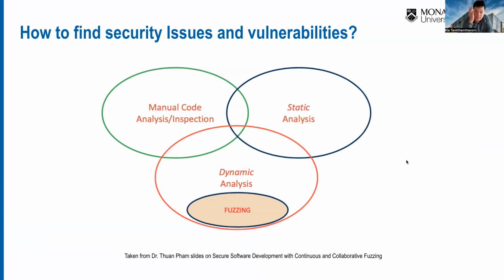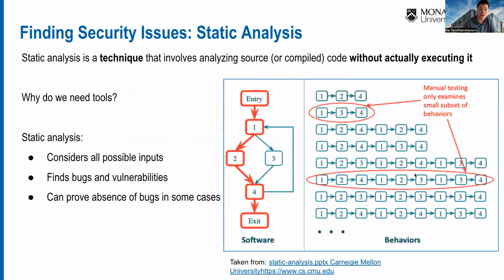And then the key question is: how can we find software security issues, right? We can use manual code inspection, manual code analysis, static analysis, or dynamic analysis, which is also called fuzzing. So if you want to use static analysis, how does it work?